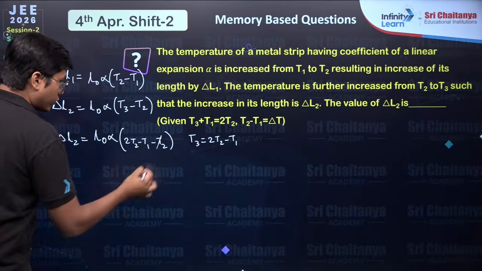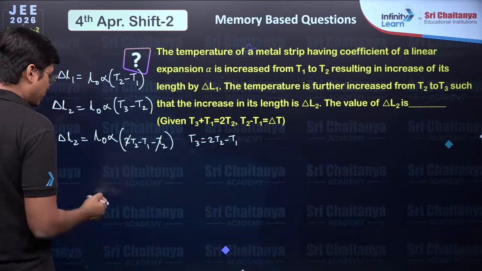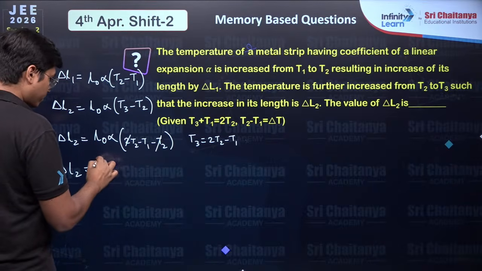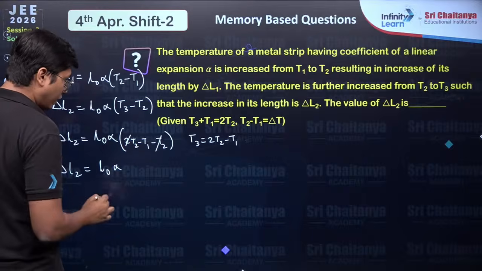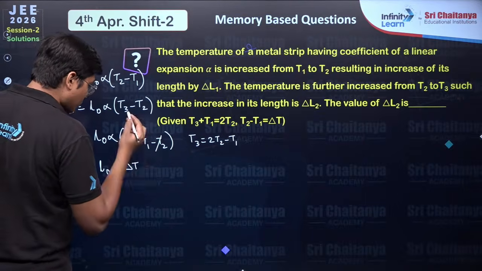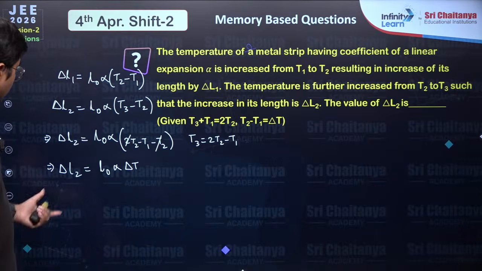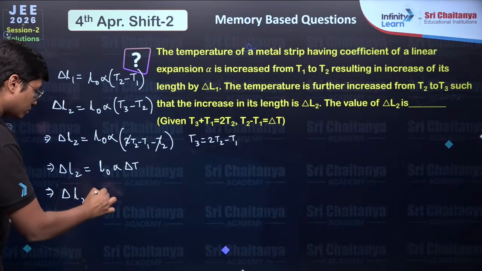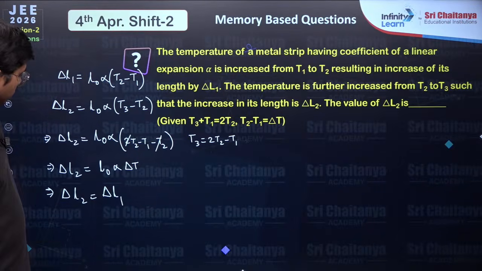One of the T2s cancels out. I have a T2 minus T1. So delta L1 is L0 alpha T2 minus T1, that is delta T. So that's just delta L1.